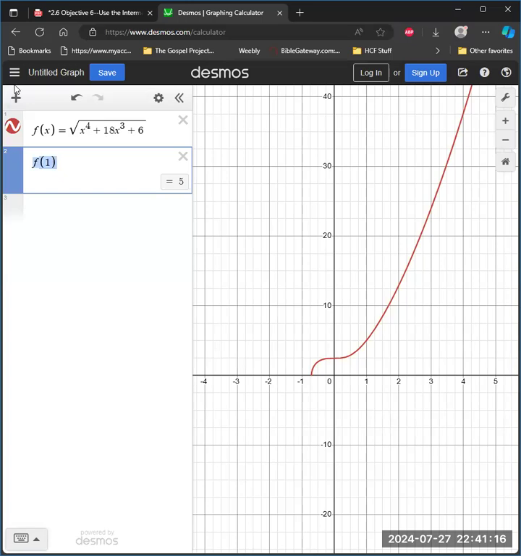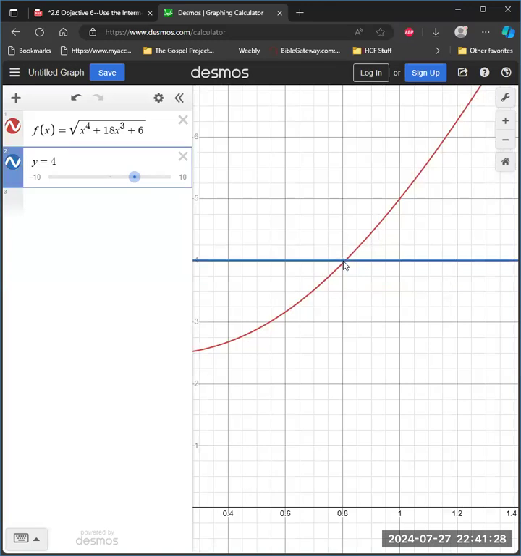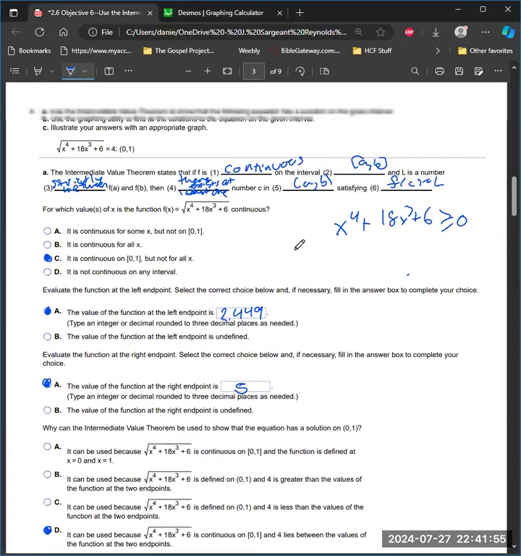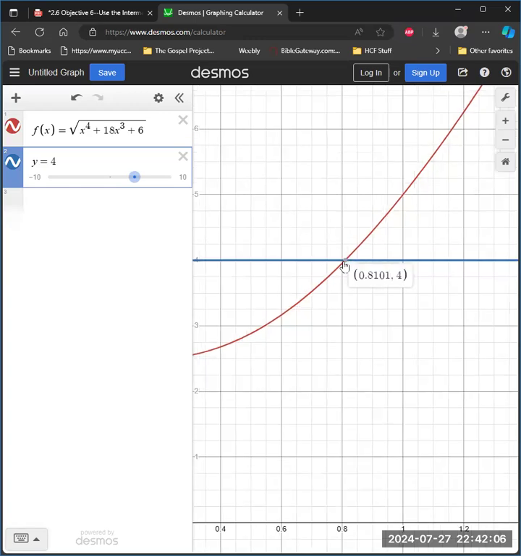Let's go ahead and find the point of intersection here. My answer is going to be 3 decimal places. It's 0.810.